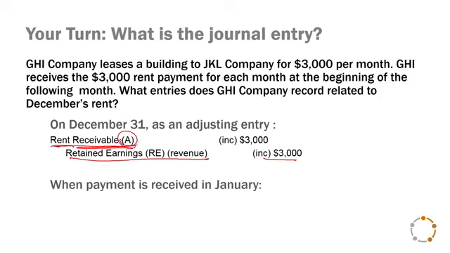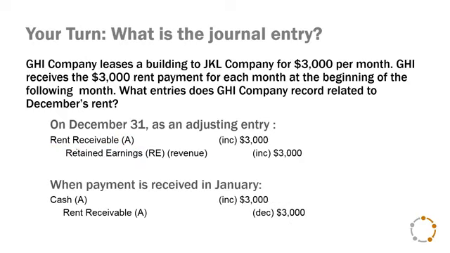But importantly, it's an asset, and we're expecting to receive payment. And then when the payment is received in January, GHI Company would record the receipt of the cash by making the left-hand side entry or debit to cash, and they would reduce the rent receivable asset account because they no longer need that on the books because they have received the cash.